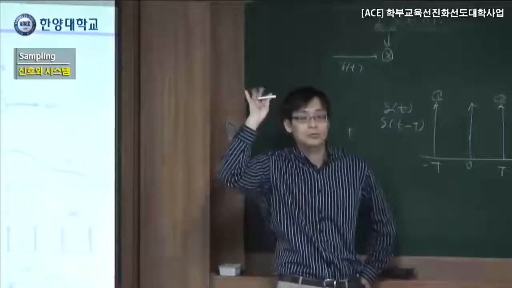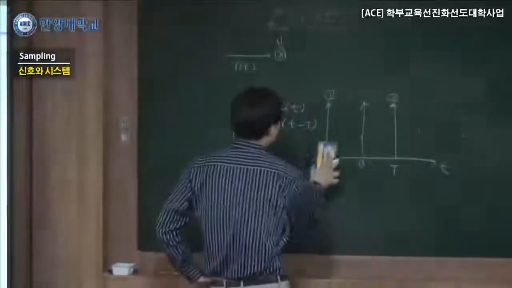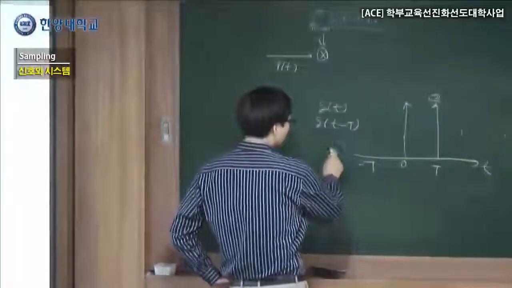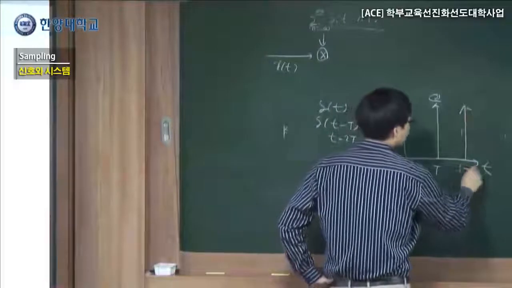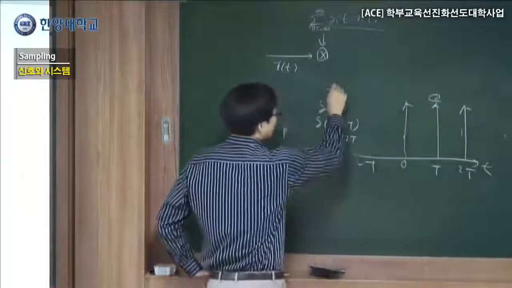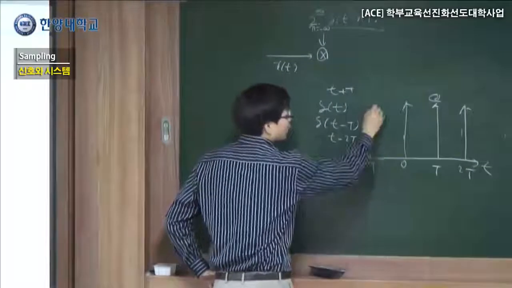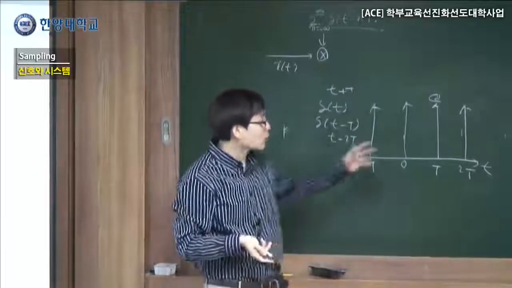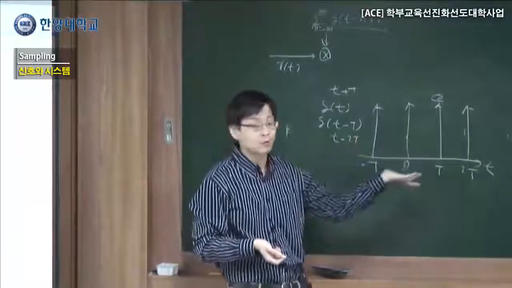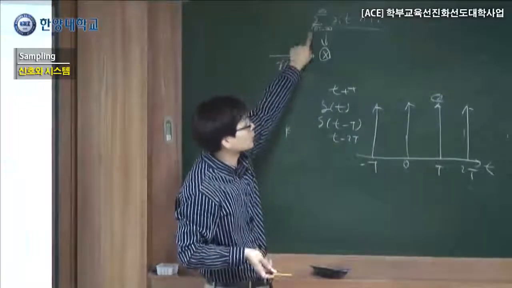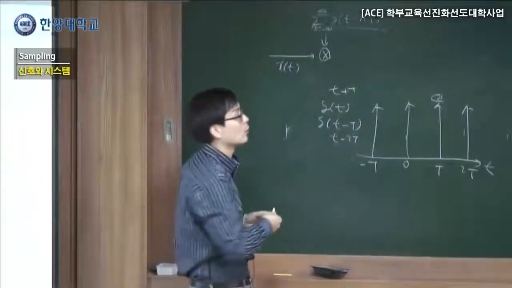So this is the spacing. Likewise, if you have t minus 2T, then we have an impulse at 2T. If you have t plus T, then you have it over here. So we call this an impulse train, as you can see in the figure over there.